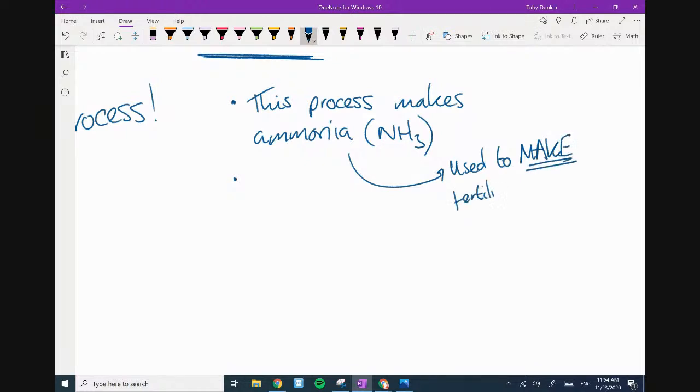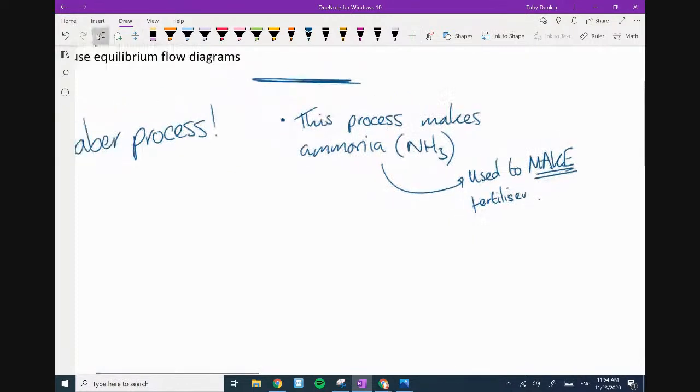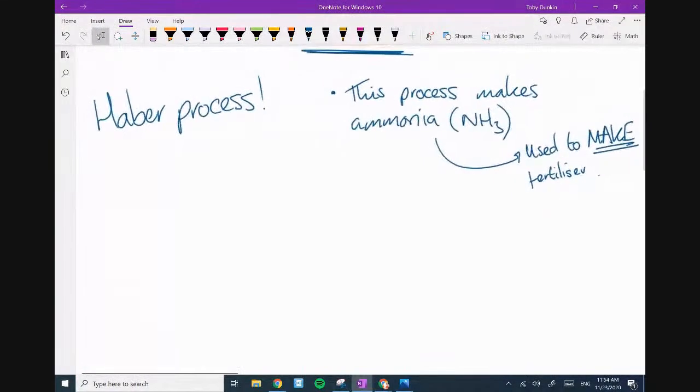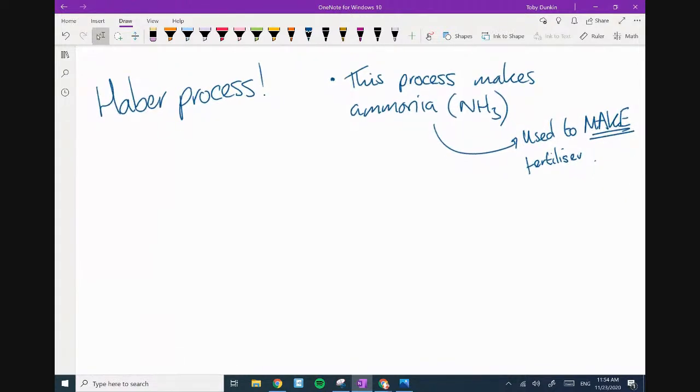You've got to be careful here, because you cannot say it's used for fertilizer, because ammonia has a pH of 11, and it's a gas, so you couldn't exactly add it to the soil anyway. It'll just evaporate off the surface, and if you put it on as a liquid, it'll just boil away. So we use it to make fertilizer. That's important, and this is of course how we feed 7.8 billion people on our planet.